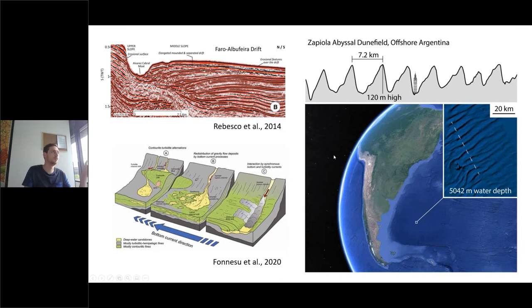So two examples that are completely different are on the top left, the Cabo Albufeira moat and drift system off the coast of Portugal.